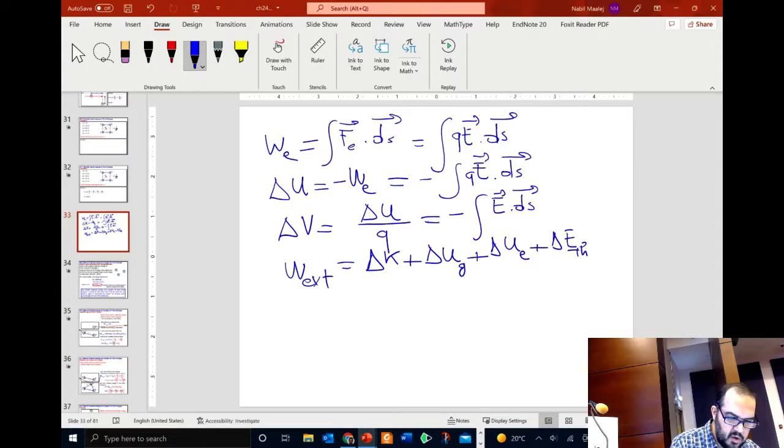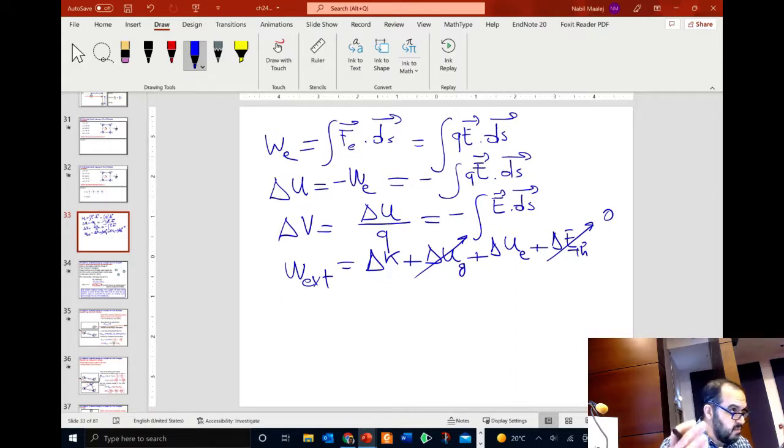Usually in the problems in this course, we will not consider friction, so this is 0. In most cases, for example with electrons and protons, the gravitational force is negligible compared to the electrostatic force, so we will also ignore the change in potential energy due to gravity. So this is conservation.